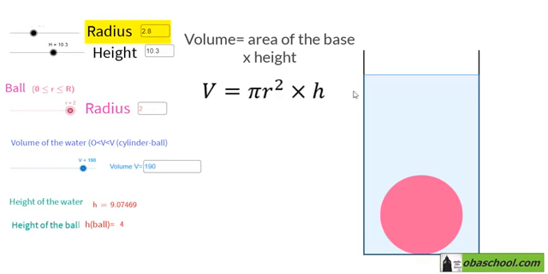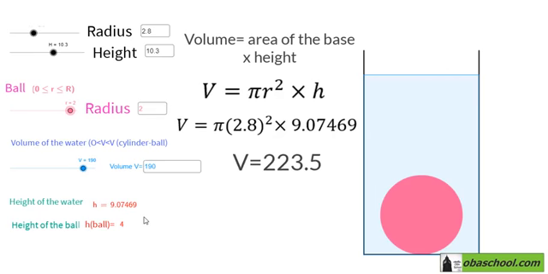Then, the new volume of the measuring cylinder is equal to pi multiplied by 2.8 squared multiplied by 9.07469. The answer is 223.5.